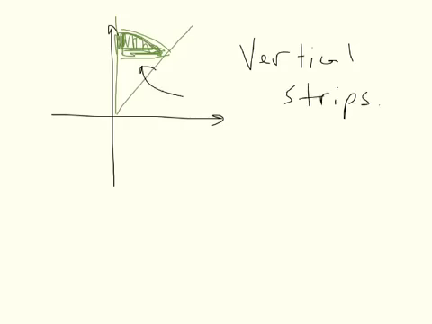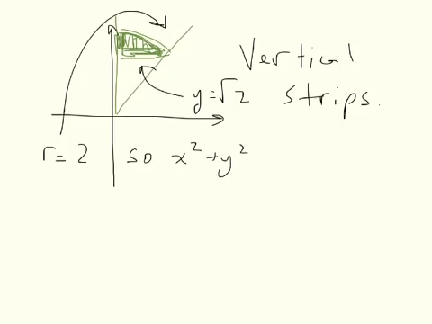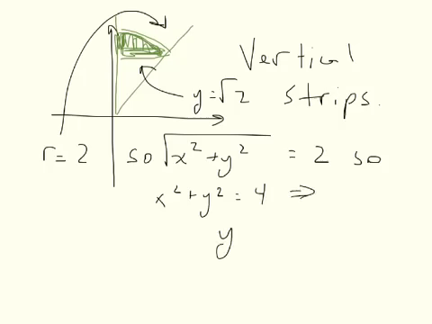This is the line y equals root 2. This is the line r equals 2, so the square root of x squared plus y squared equals 2. So x squared plus y squared equals 4, which implies y equals the square root of 4 minus x squared. We want the positive square root, not the negative, because this is in the upper half of the plane.